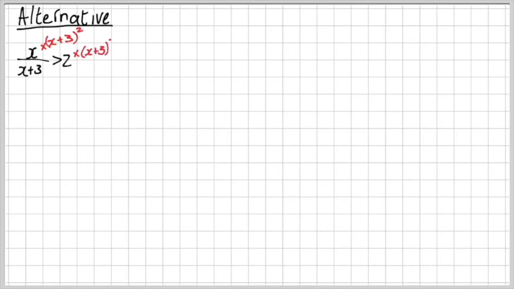Now the reason I do that and the reason why I'm allowed to do that is simply because a square is always larger or equal to naught. So I know my inequality sign is not going to swap around. But I've still got to remember my restriction that x plus 3 may not be 0.